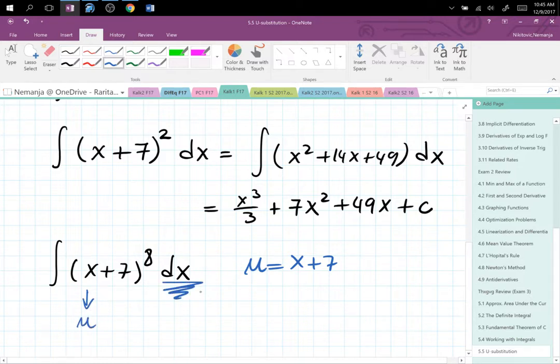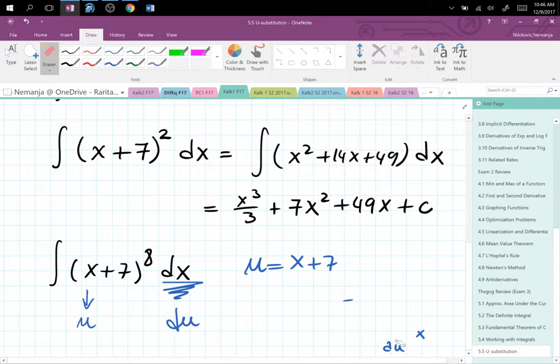Your dx has to change into du. The dx is not there for decoration. It has a variable x, and you remember that's the width of your rectangle. So you cannot change the height of the rectangle, which was f of x, and now you want to change that into some different function g of u. You can't leave your delta x, which was dx, in terms of x. That has to change into du.